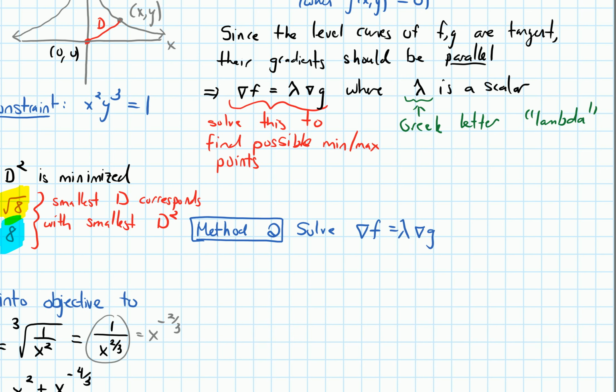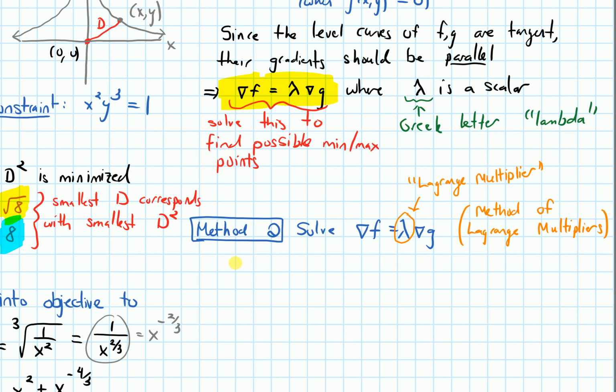The process of doing this we refer to as the method of Lagrange multipliers. And this scalar lambda is called the Lagrange multiplier. We are multiplying by this number. I'm going to highlight this equation here.